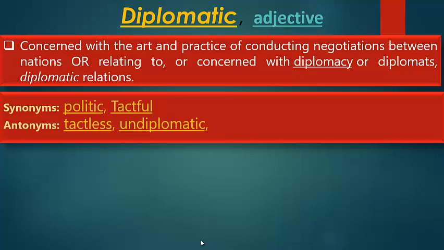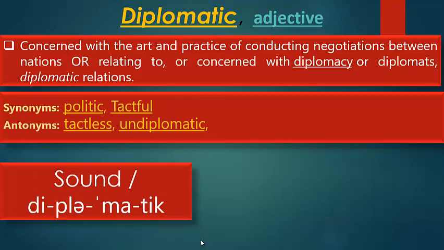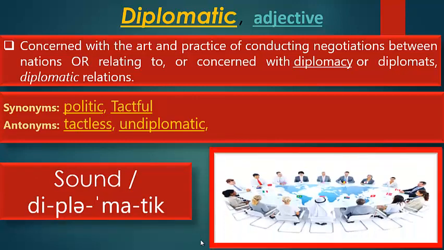Antonyms: tactless, undiplomatic. Sound: diplomatic. And here I have a small picture to show how diplomatic representatives all over the world are gathering to discuss maybe global or universal issues.